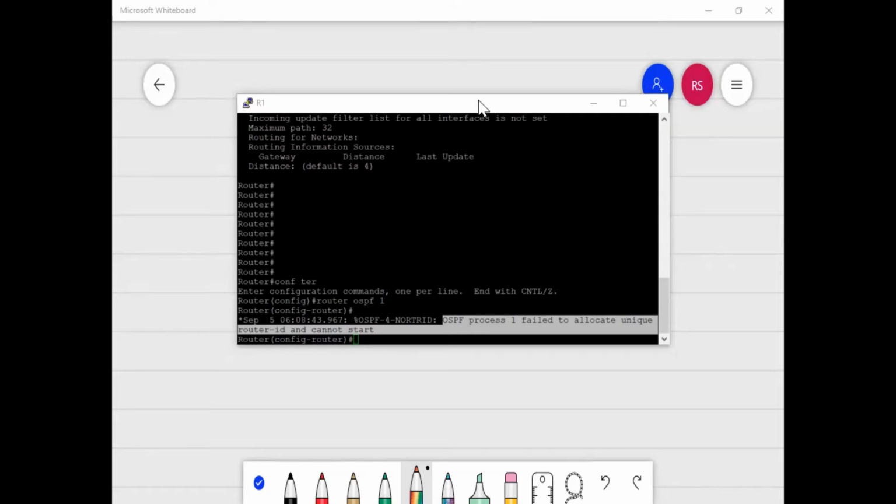And as Rizwan, you were saying, you are right. We can configure it manually, or the router will pick up dynamically from the active interface. The word active is very important over here. Either it is the active highest loopback. Active means it does not require that the loopback is part of your OSPF network command.